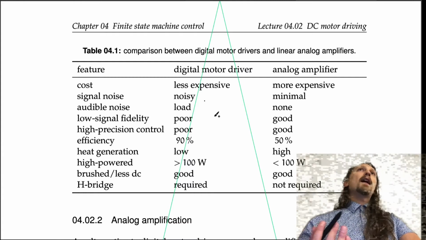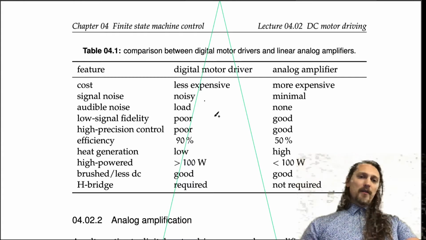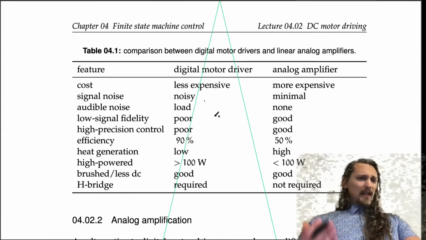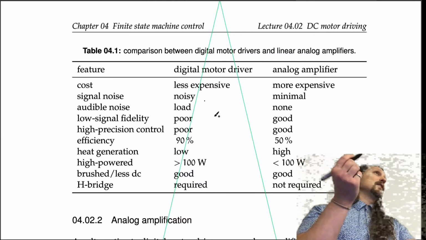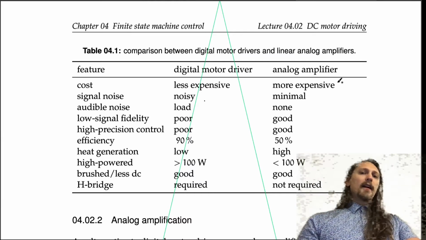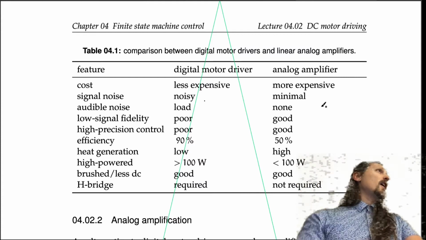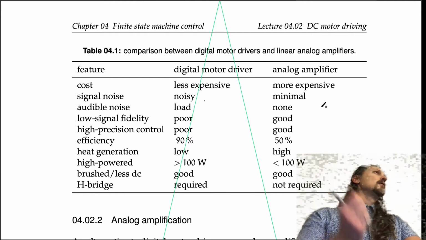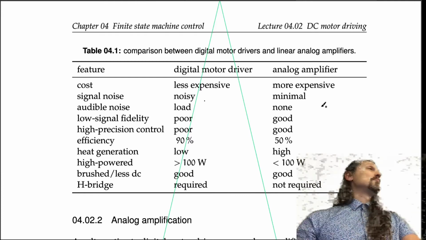Of course, you can filter it out, but then you have all the issues with filtering and the costs associated with that. So it's not ideal if you care about measuring things precisely. It can be an issue. Analog amplifiers don't use those high frequency switched signals, so we don't have to worry about it.